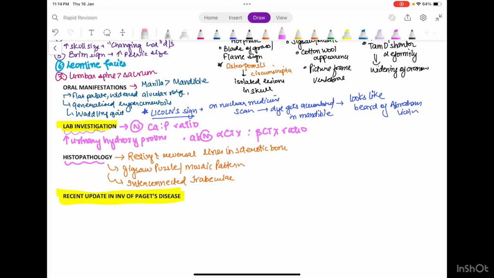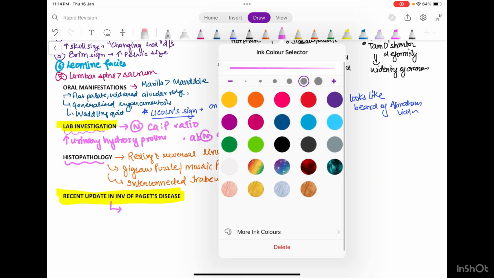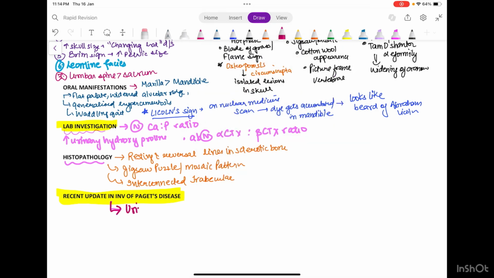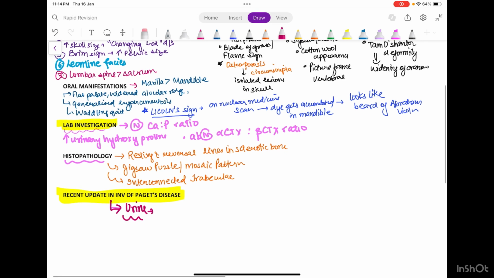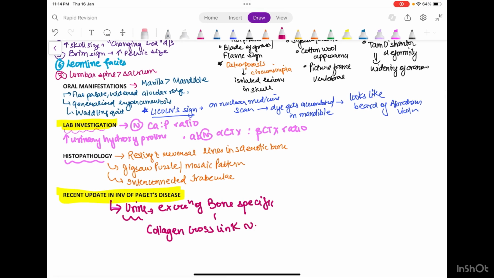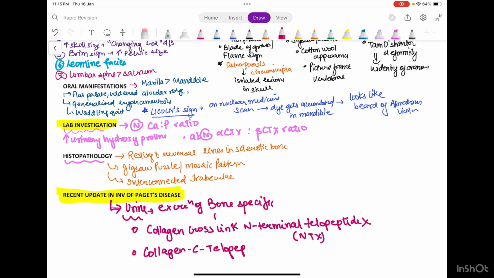All right. Now in the recent update of Paget's disease that I added is that in the urine, we get to see the excretion of bone specific collagen cross link and terminal telopeptide X, that is NTX, as well as collagen C telopeptide.